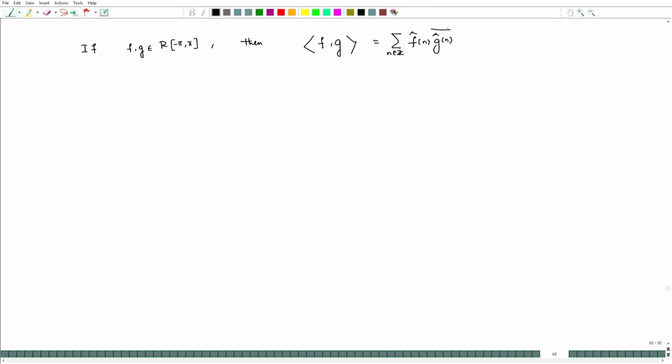This is going to be another form of the Parseval identity.